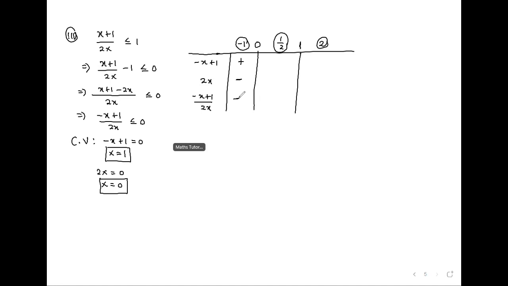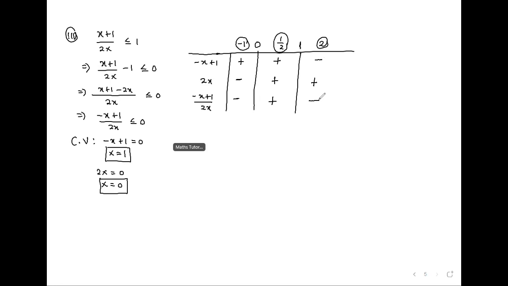The negative half plus 1, you get plus. Then 2 by half, you get plus. Then plus over plus, you get plus. You put negative 2 plus 1, you get negative. 2 times 2, you get positive. Negative over positive, you get negative.